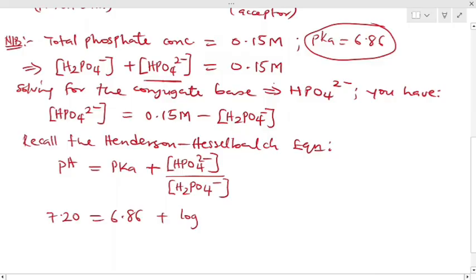so in this case we already have this concentration equals this, so you just substitute that right there, 1.5 molar minus concentration H2PO4 minus over the concentration of the acid, which is your H2PO4 minus.